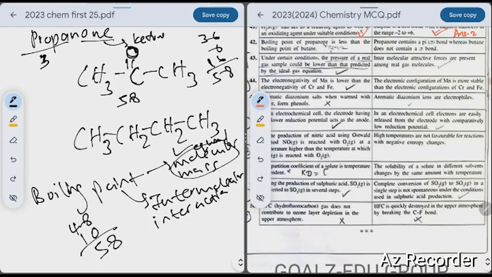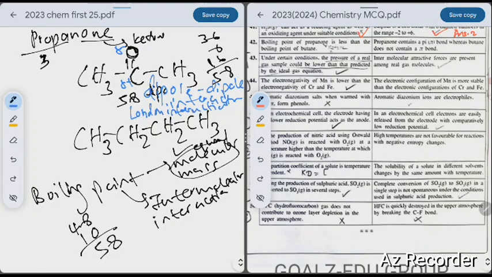Then what about the intermolecular interactions? Now this propanone has dipole-dipole interactions. How does it have dipole-dipole interactions? Due to this carbonyl carbon and this oxygen, delta plus and delta minus, because there is a difference in electronegativity. Therefore, it has dipole-dipole interactions, and also London interactions.